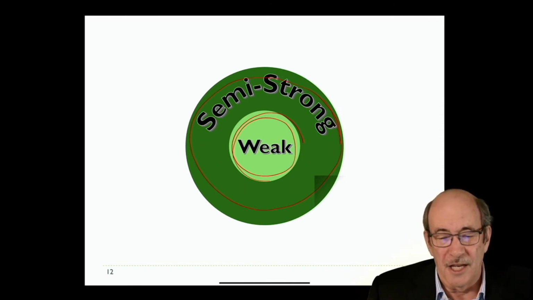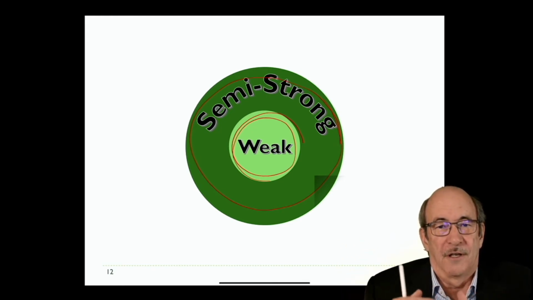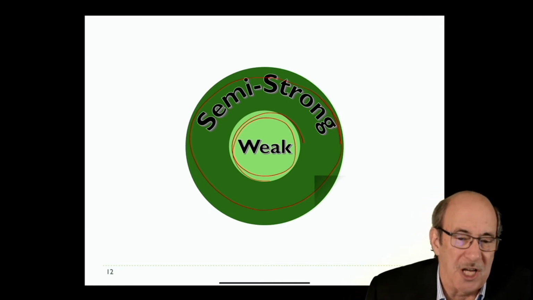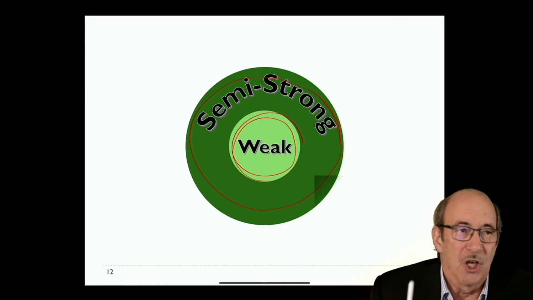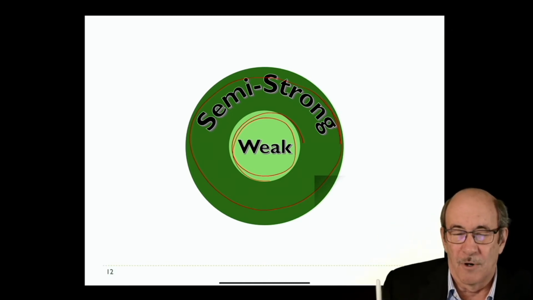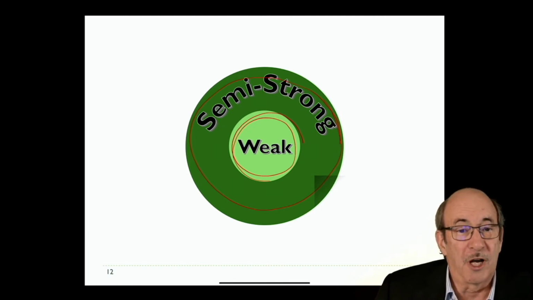So the stronger form always envelops the one below it. So you could say, in the case that I just gave, that the markets are both weak form and semi-strong form efficient, but it's easier to just say semi-strong form efficient because that encompasses weak form already. So you could say it either way.